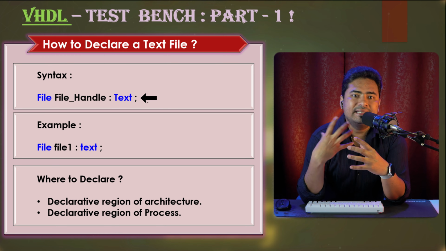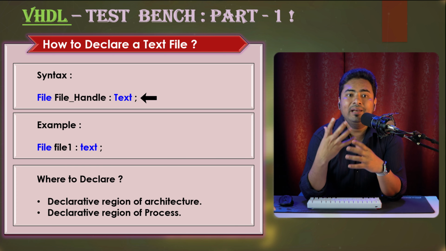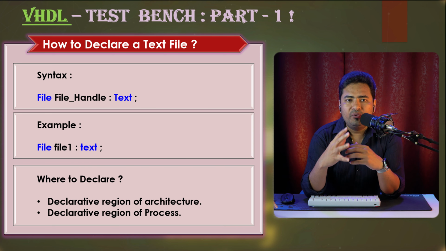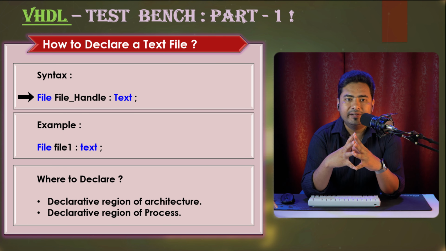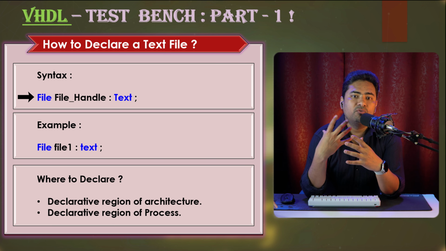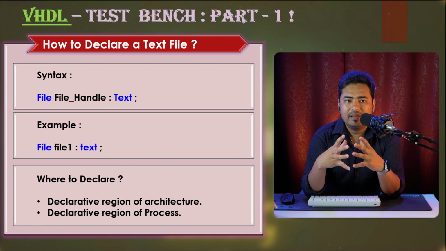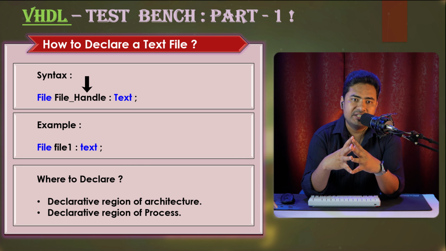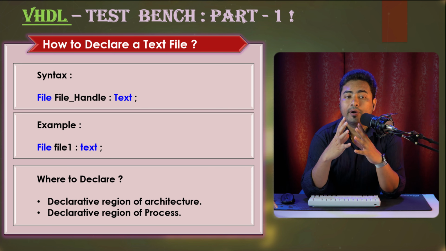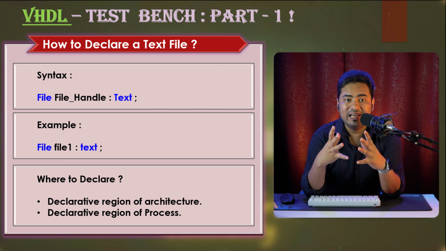So this is the syntax for declaring a text file in VHDL. We start with the file keyword followed by the file handle, and then specify the format, like text. This file handle name is actually a variable in VHDL which will be used for input output operations later.